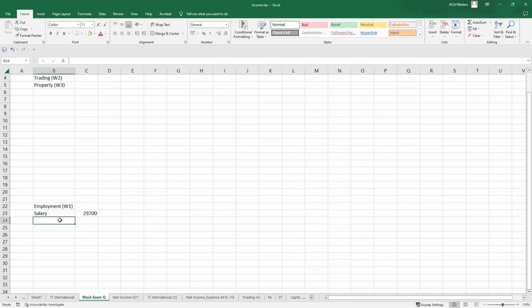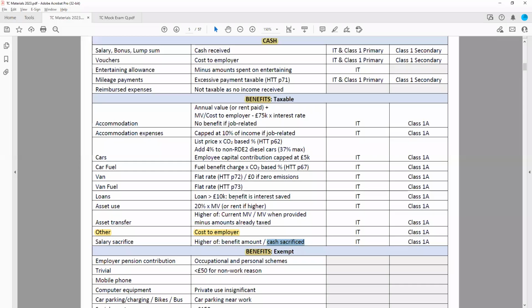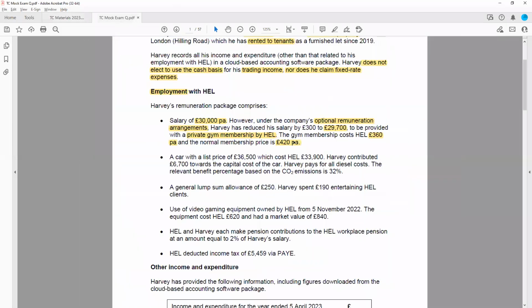So we've got the optional remuneration arrangement, or you could just put the gym. And then we're thinking here, how's it taxed? Well, as we said, you can just put the two numbers here so the examiner's clear on what we've done.